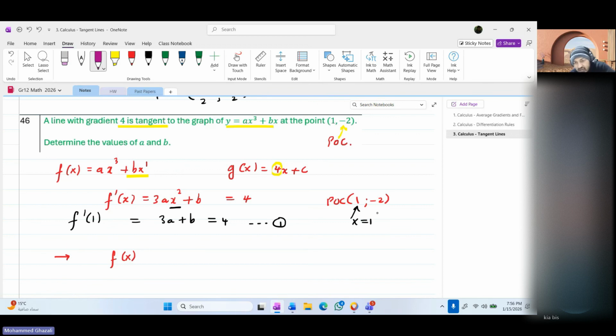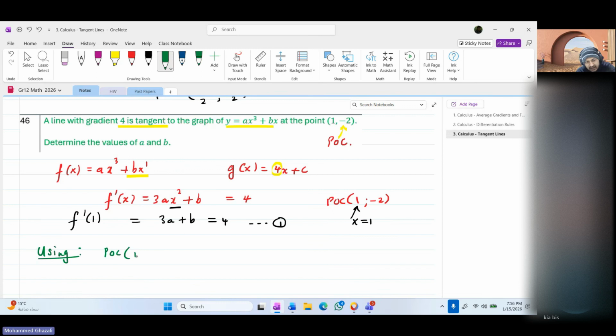Remember the point of contact. How did we get the -2 there? How did you get the -2 from the point of contact? So the second equation comes directly from the point of contact, okay? Second equation comes from using the point of contact, POC.